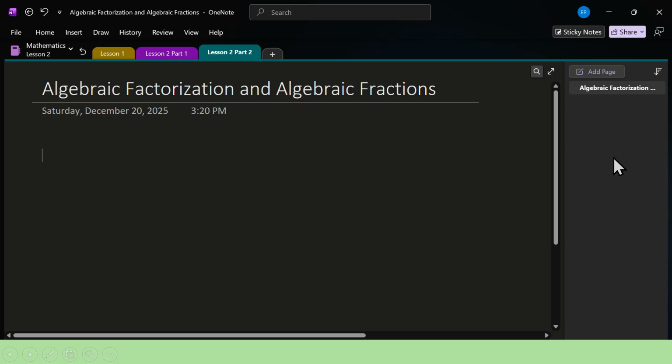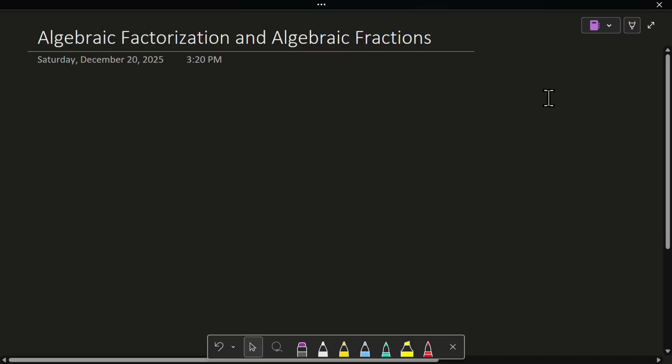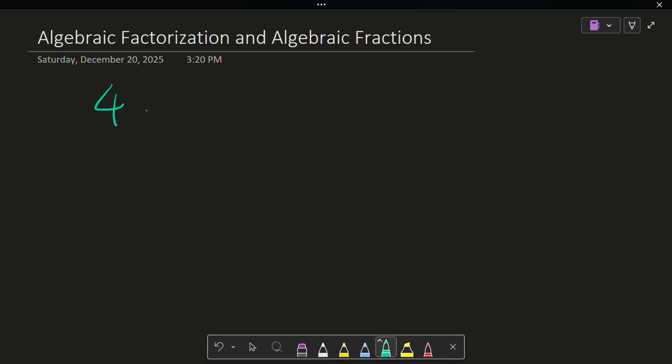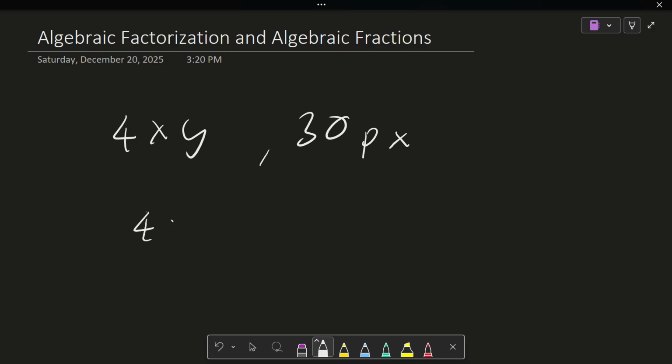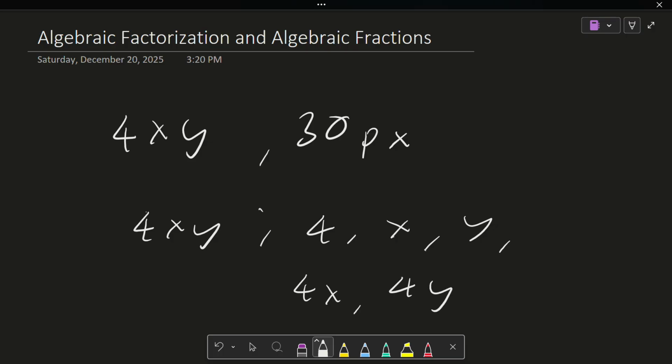So first of all, we write down the numbers. 4xy, the factors are basically 4 multiplied by x, y, then 4x and 4y. Okay, these are the factors.